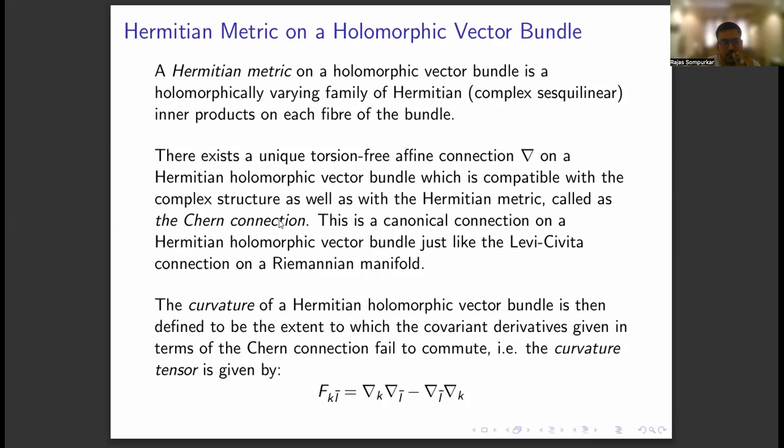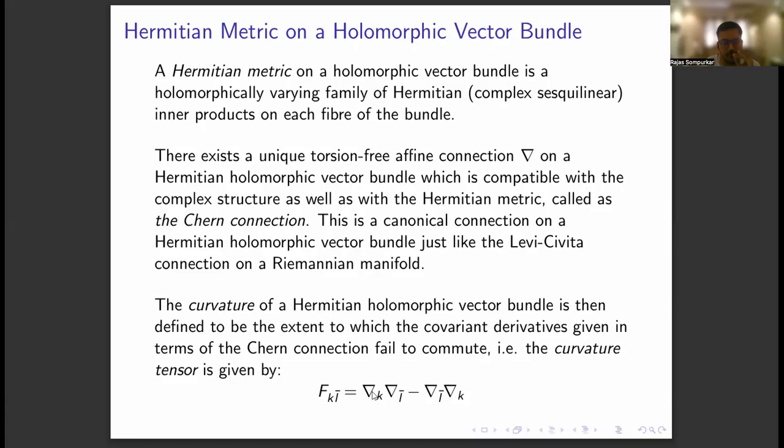Such a connection is called the Chern connection. So on any holomorphic vector bundle equipped with a Hermitian metric, we have a unique such canonical connection called the Chern connection. And this Chern connection naturally leads to the notion of curvature.